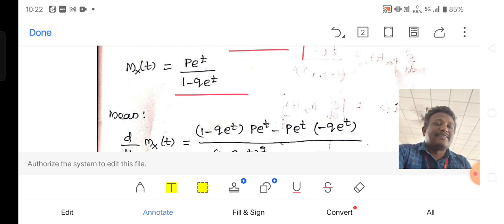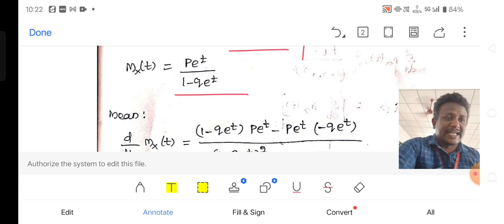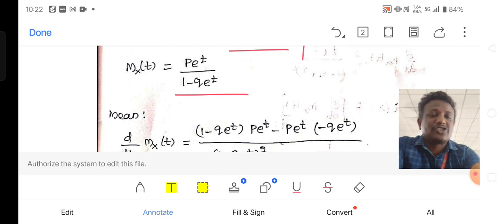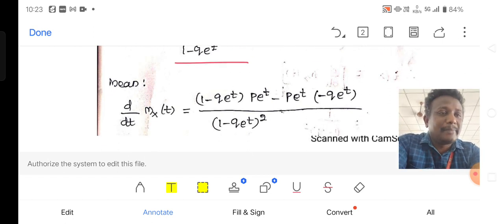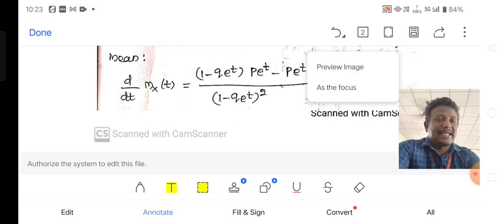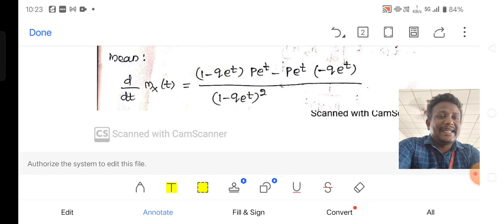Now M_X(t), the moment generating function, is calculated. By having the moment generating function, we are going to start calculating the mean value. So what is the mean? d by dt of M_X(t) at t equal to 0. Differentiate M_X(t) with respect to t.